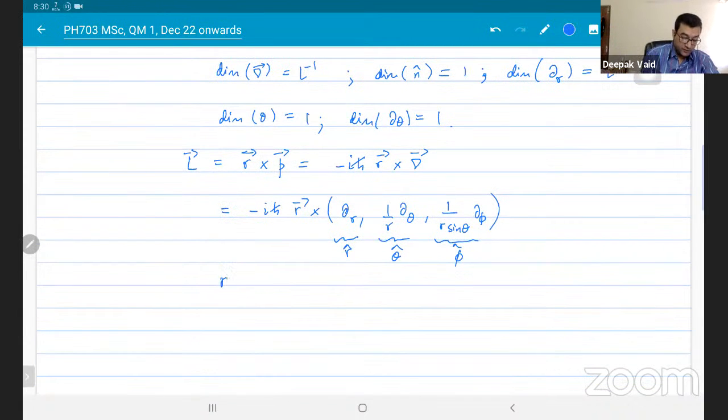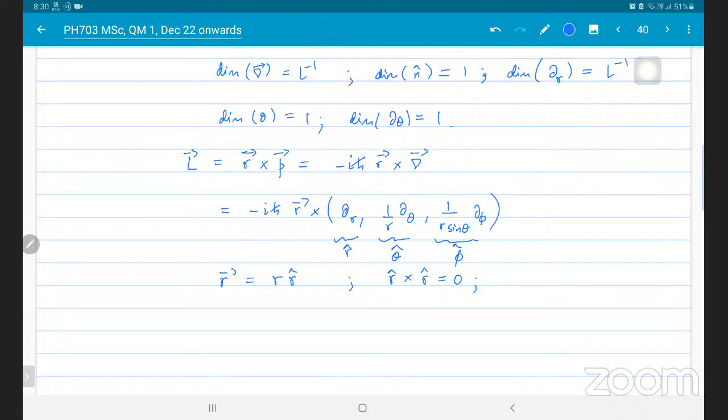Now what is the vector r? I can write the vector r as the magnitude times the unit vector r hat. So when I take this cross product, I have to take the cross product of r hat with r hat. What is this going to be? Cross product of r hat with r hat is 0. Any vector cross product with itself is 0.